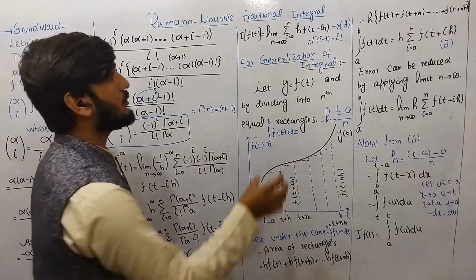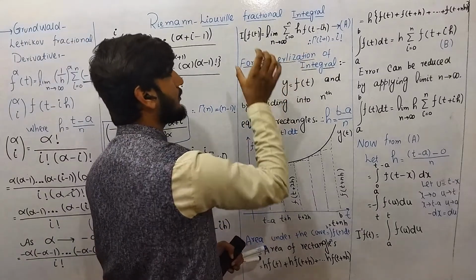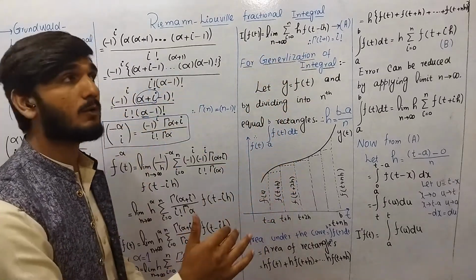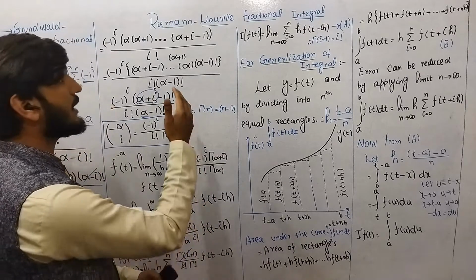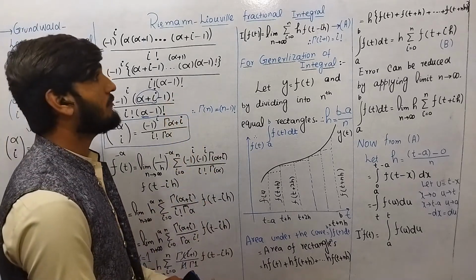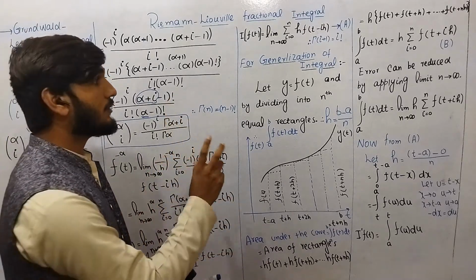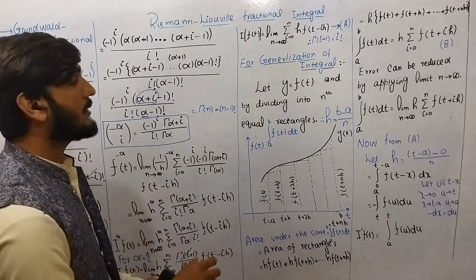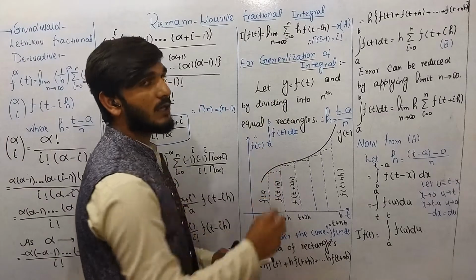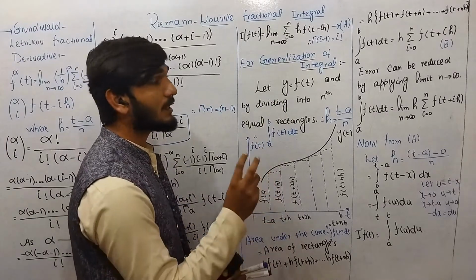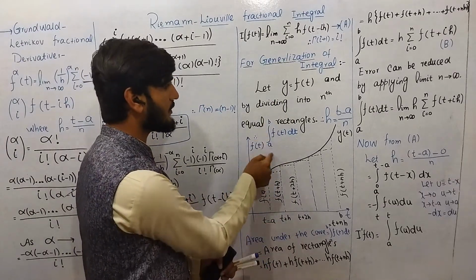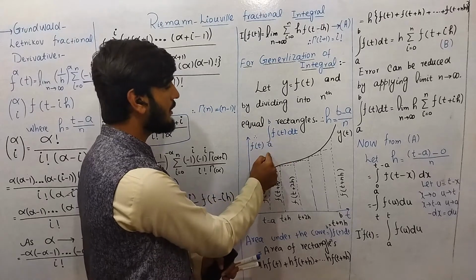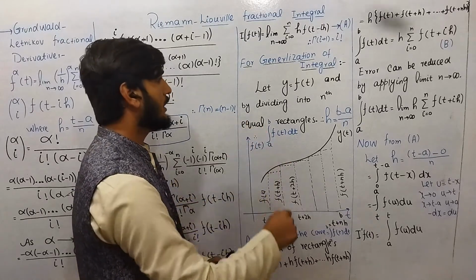Okay, to draw the formula for the generalized form of the integral with the Riemann-Liouville integral, we will generalize the integral form of classical calculus. Let me have a function y equal to f of t, which is integrable in the interval a to b. So we can write this as the integral of f of t dt, over the interval a to b.